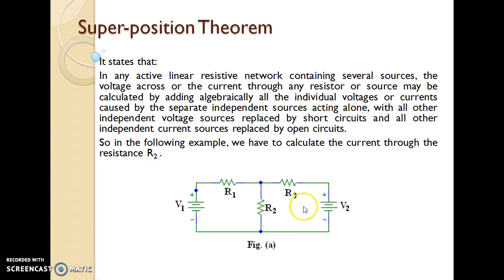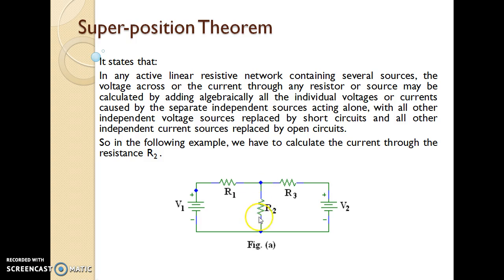So here I have drawn a circuit with two independent voltage sources. Then we have to calculate the current through the resistance R2.